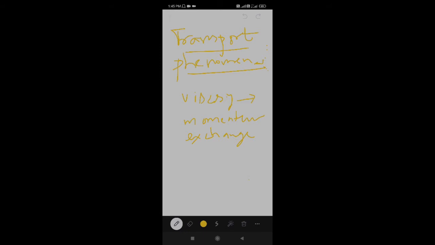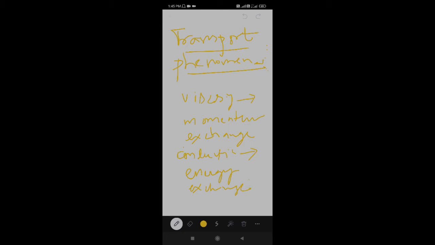If you take the kinetic energy transport, that results in the property of conduction of the gas. Gases exhibit the conduction property, which is the result of energy exchange, energy meaning kinetic energy.